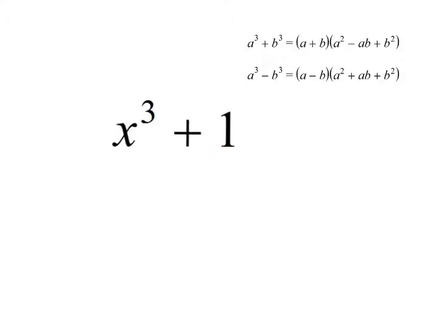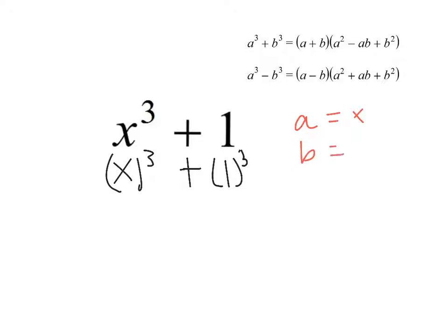So it goes like this. This is going to be x cubed, right? So it's just x that is cubed, okay? And this one is 1 that is cubed. So I can just tell straight away that our a equals x, and our b equals 1.